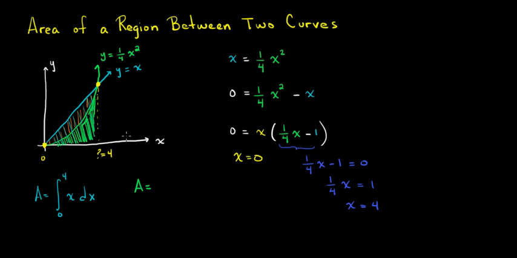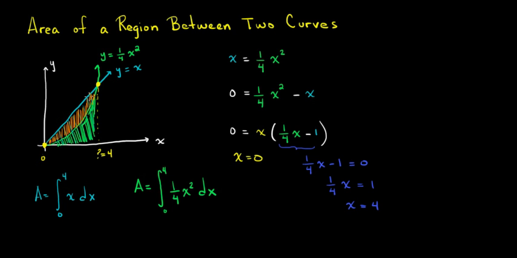Again, it's simply the integral from 0 to 4 of our function 1/4 x squared dx. But I'm not asking for the entire area under the blue curve, and I'm not asking for the entire area under the green curve. What I'm actually asking for is the area in between these two curves.